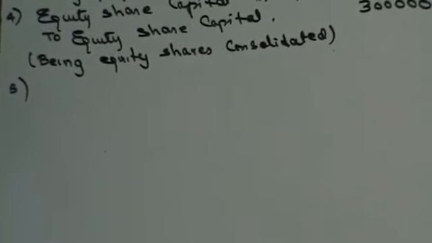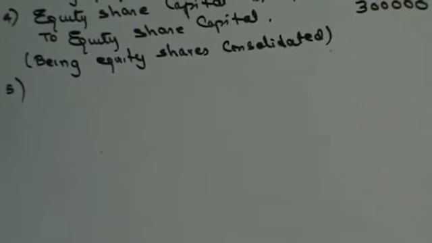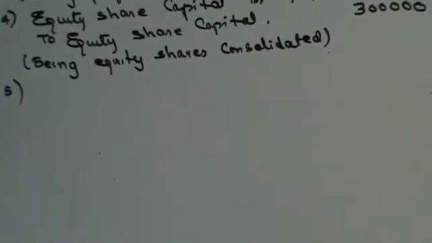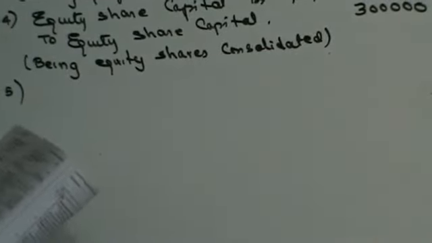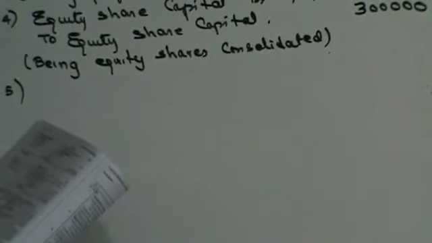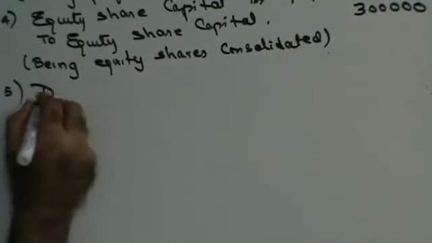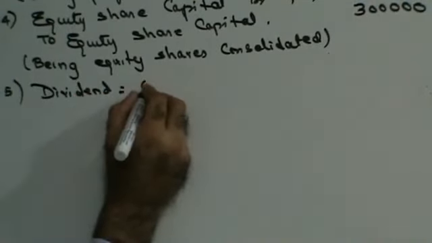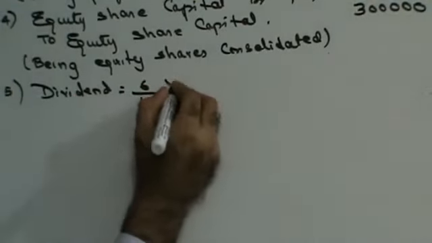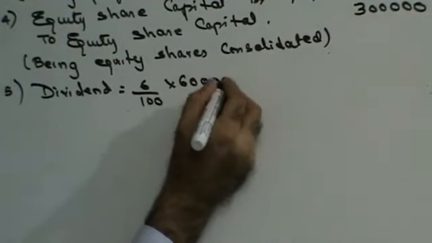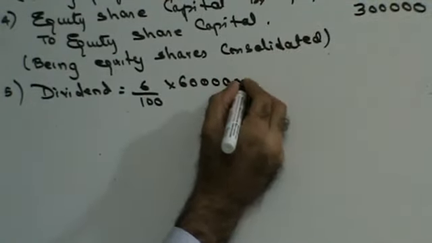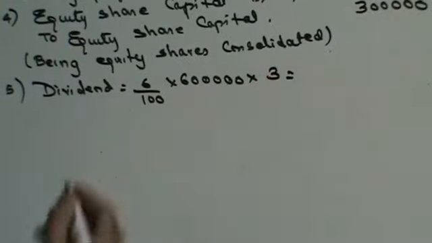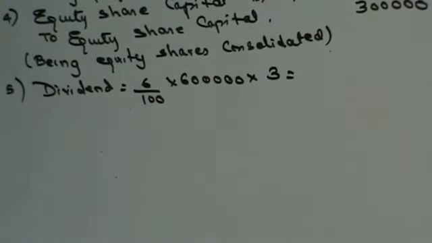The preference shareholders waive 2/3 of the dividend in arrears and to receive equity shares for the balance. Now my preference dividend was in arrears for 3 years. Let's first calculate the dividend. These are 6% preference shares. Preference share capital as per the balance sheet is 6 lakhs, and it is in arrears for 3 years. Someone please calculate this.